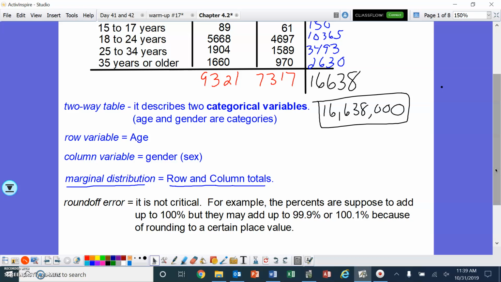For example, the percents are supposed to add up to 100%, but they may add up to 99.9 or 100.1 because of rounding to a certain place value. Okay, that could also occur with the counts. You may end up being a bit off because of rounding error. Not a big deal.